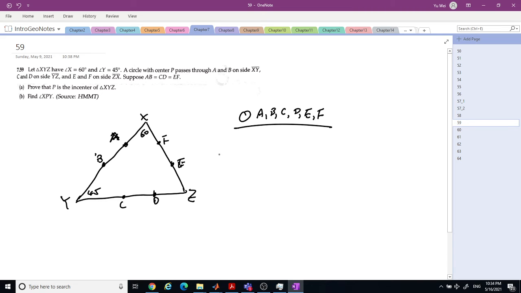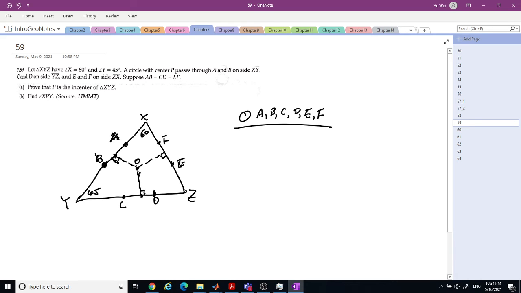So we know the ABCD are concyclic. Then we have the AB equals the BC. Okay, so we have the circle passing through all of them, right? So now we know the center O is the intersection of the 3 perpendicular bisectors, right?